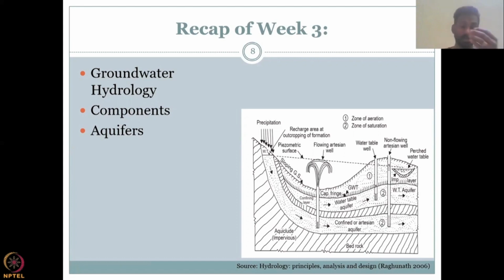So there are multiple dependencies of an aquifer: how it is developed or created, and the most important one is the solid material, which comes from the geology. Geology plays a very vital role in the formation of an aquifer, and there are multiple aquifers across the globe.